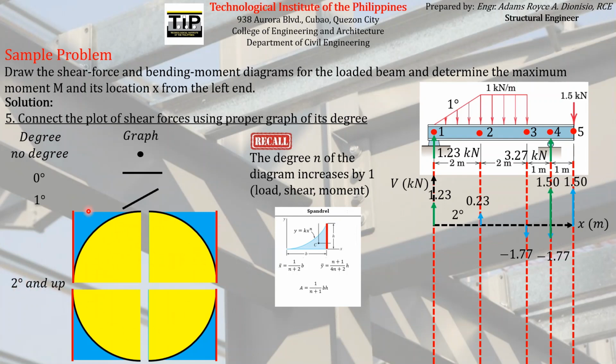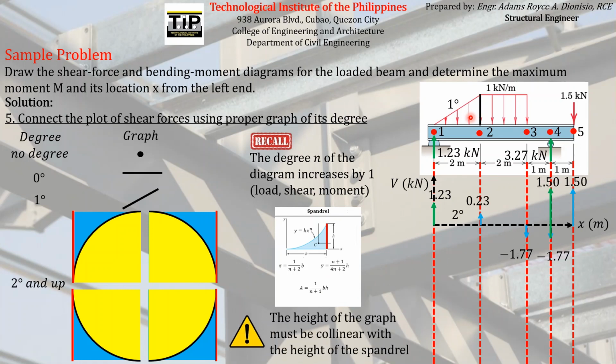The height of the spandrel on this graph must coincide with the height of the graph above the shear force diagram, which is the load diagram. So if this is the load diagram, where is the height of this particular load diagram between point 1 and point 2? Actually, it is located here on point 2.